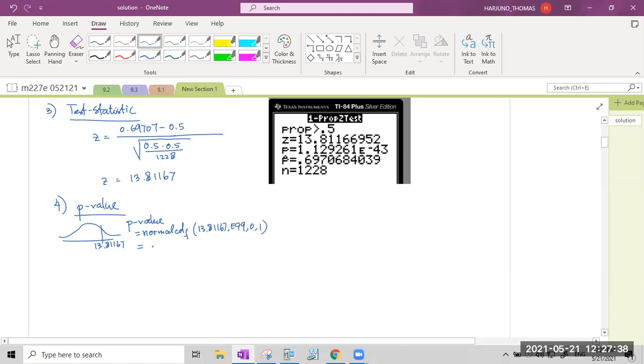That's 1 point something times 10 to the negative 43. That's basically 0. Okay, informal conclusion. Reject null hypothesis.